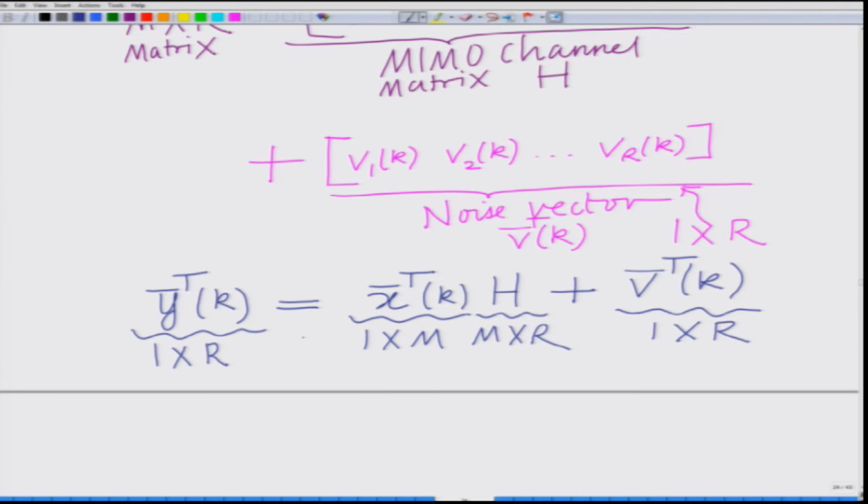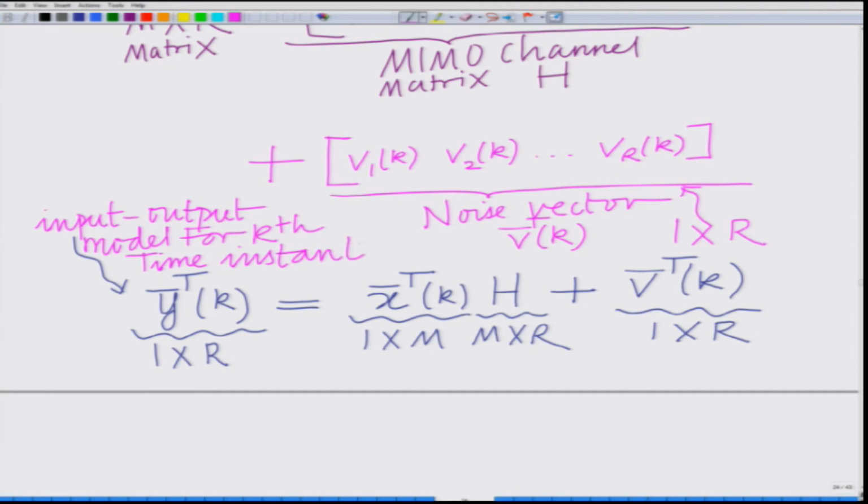Alright, so I have y bar transpose k equals x bar transpose k times MIMO channel matrix H plus V bar transpose k. This is the input output model for the kth time instant. Alright.